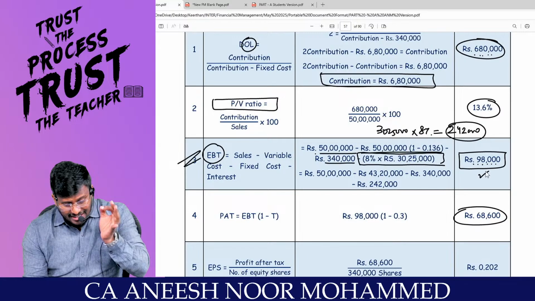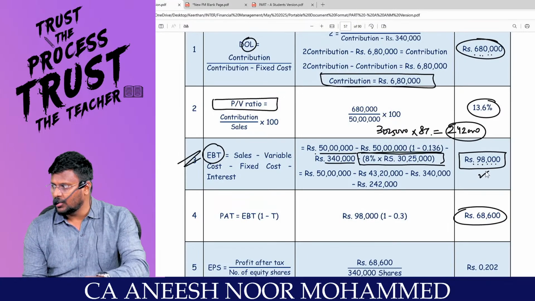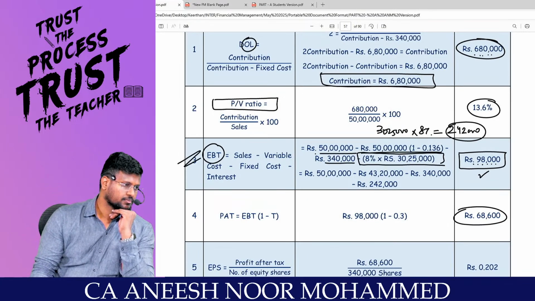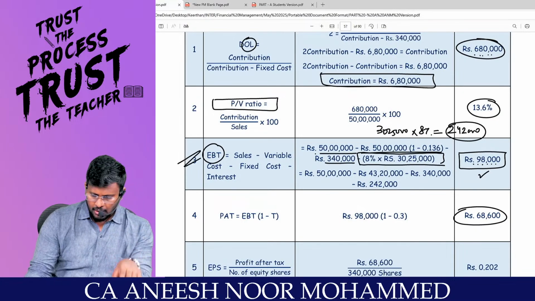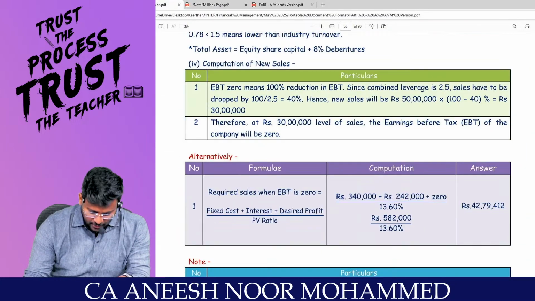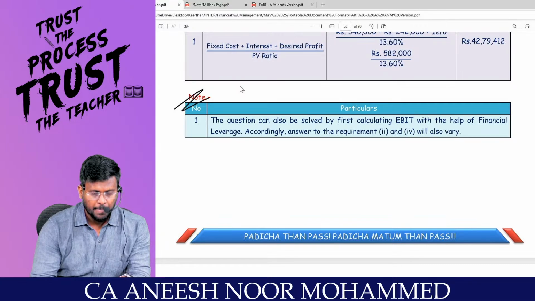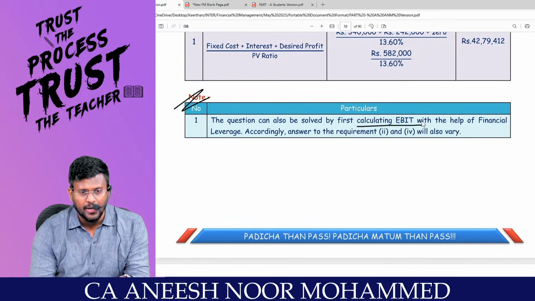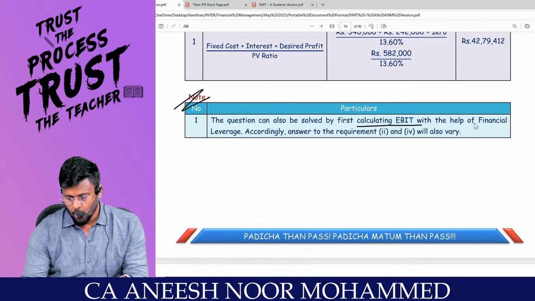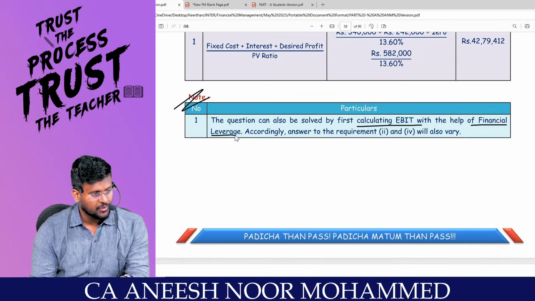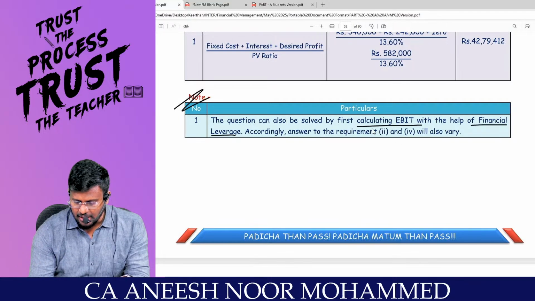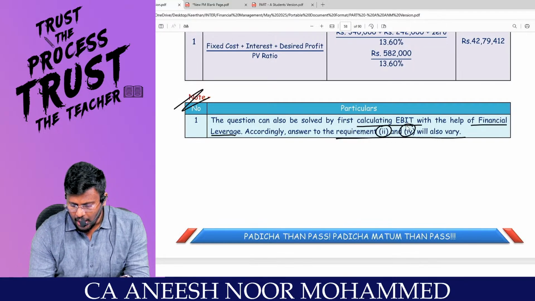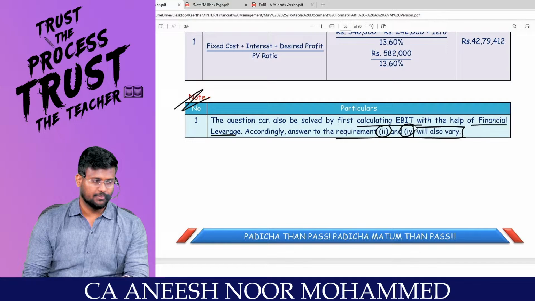This is what they got as 98,000. But if 98,000 is the EBT, financial leverage will not match. They are writing a note and it will not match. Look at here, note. The question can also be solved by first calculating what? EBIT. With the help of what leverage? Accordingly, the answer to the requirement of 2 and 4 will also vary.